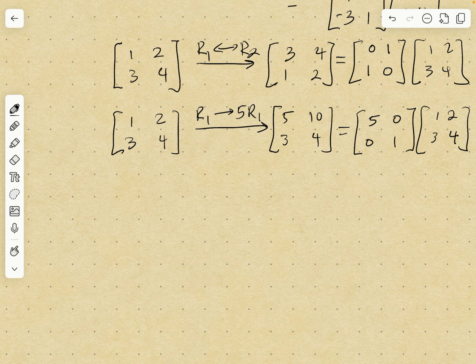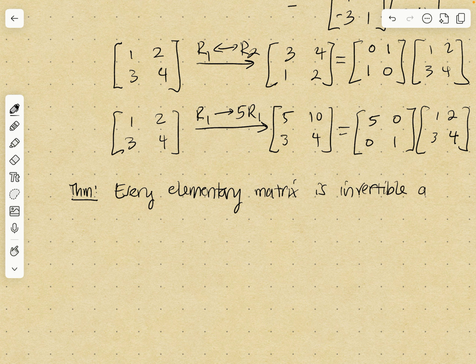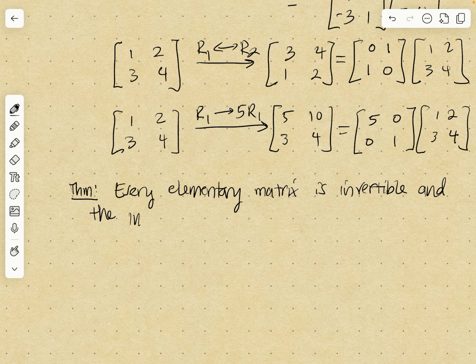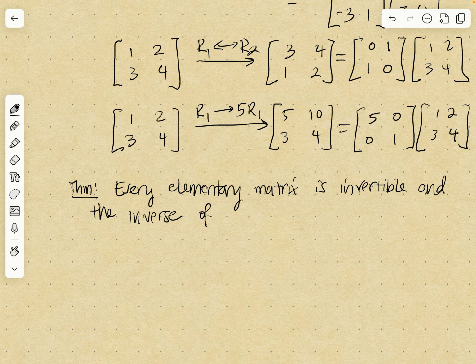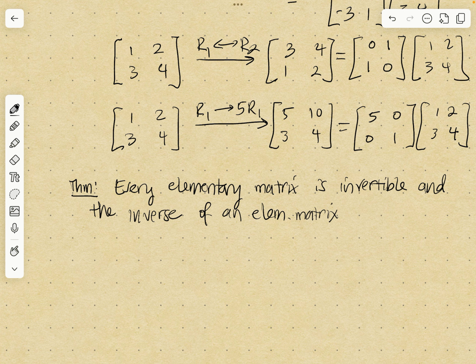So let's continue. The next theorem is that every elementary matrix is invertible, and the inverse of such an elementary matrix is itself an elementary matrix.